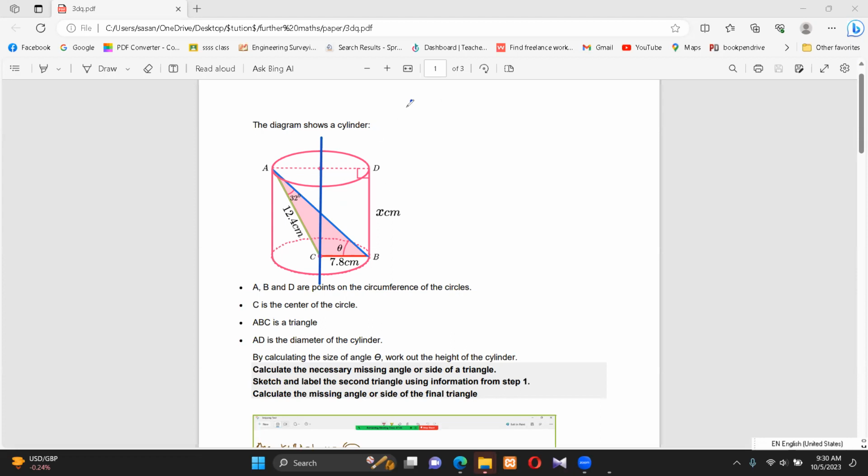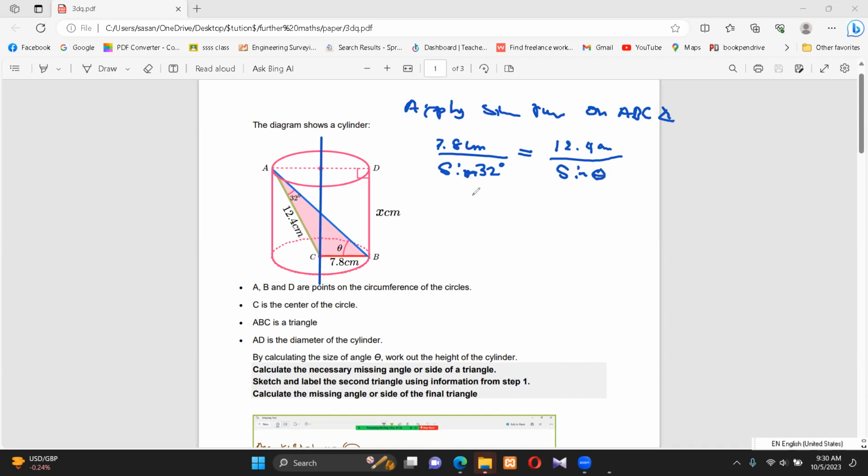We can apply the sine rule on triangle ABC, right? Now 7.8 centimeters over sine 32 degrees equals 12.4 centimeters over sine theta, right?